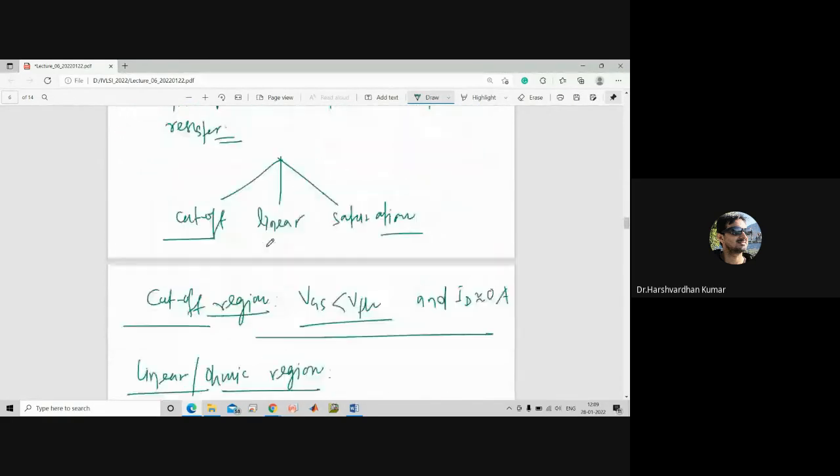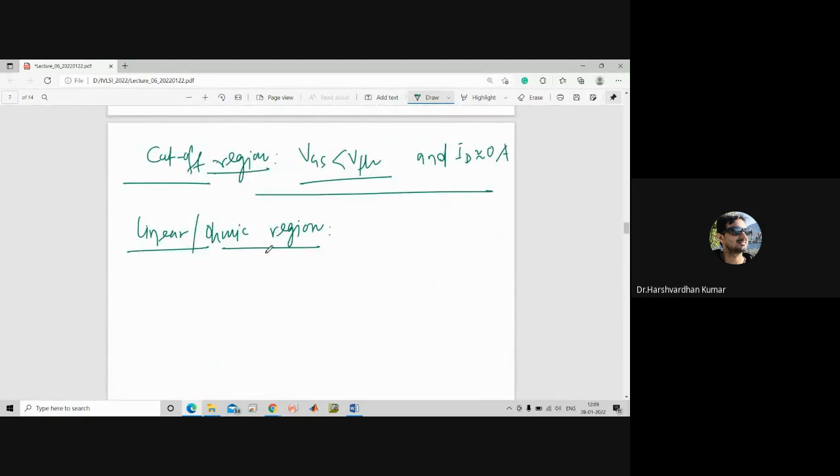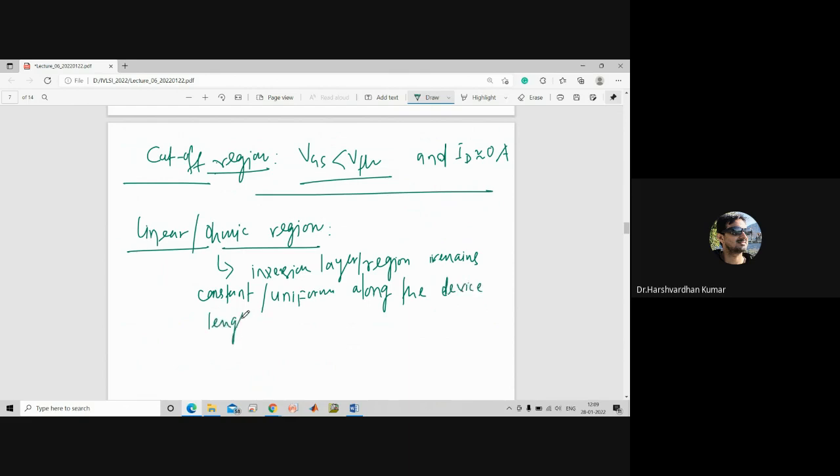Okay, maybe you will be confused here. So what happens in the case of the linear or ohmic region? The first point: the inversion layer, or inversion region, remains almost constant, or uniform, along the device length.